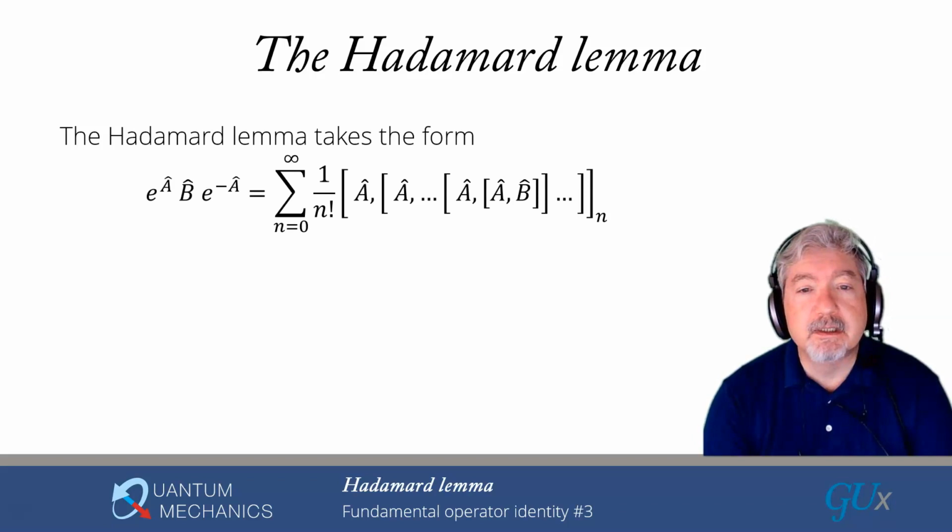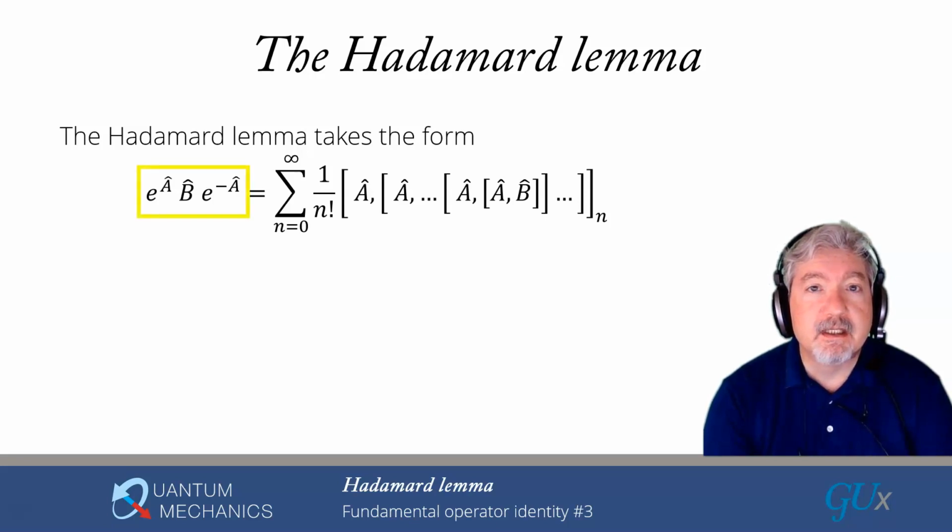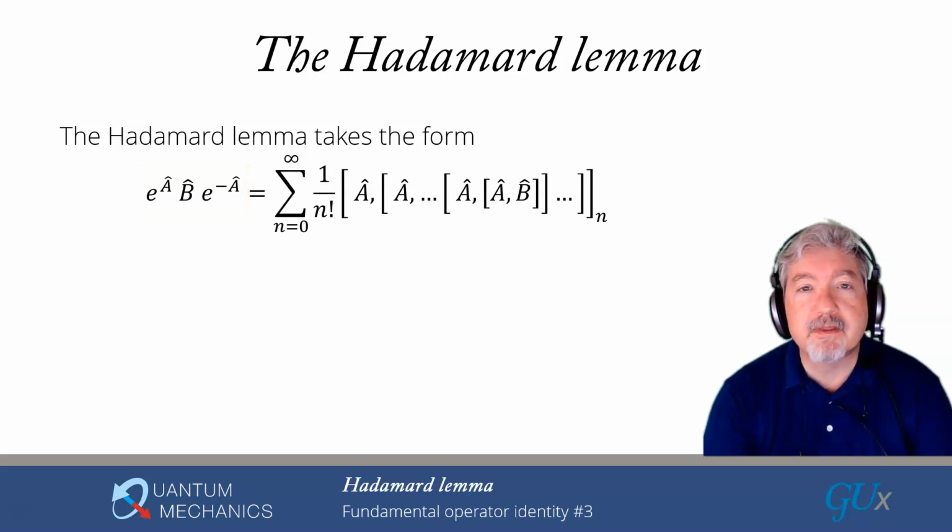So the Hadamard lemma takes the following form. It looks at the 3-operator commutator product: exponential of an operator A, operator B, exponential of minus the operator A. And it says that that combination, when you have 3 operators in that form, you can write it in something that might be a bit reminiscent of an exponential, but really looks quite a bit different.